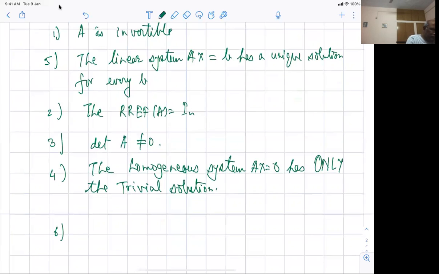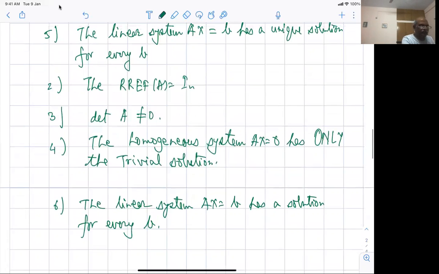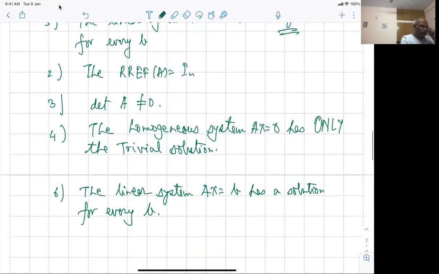You can have 6 as the linear system Ax is equal to B has a solution for every B. Sorry, for every B. So if you look at 5 and 6, there I'm talking in terms of unique solution. Here I'm saying that there is a solution. Fine, so you can do that.